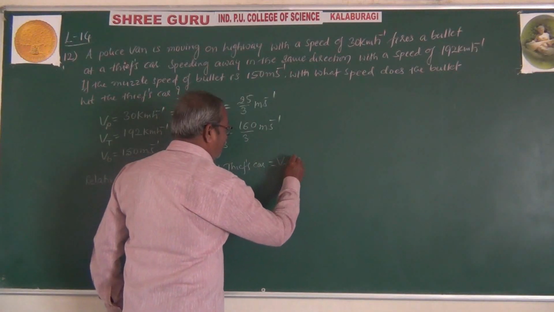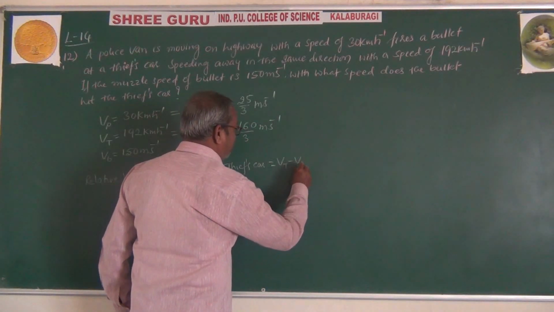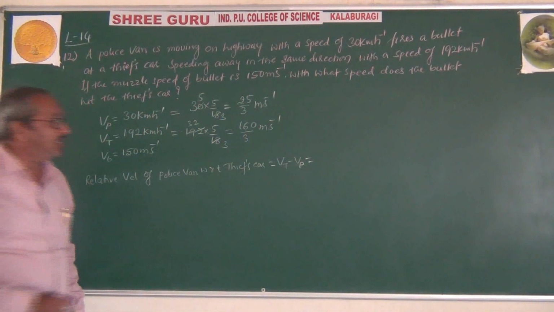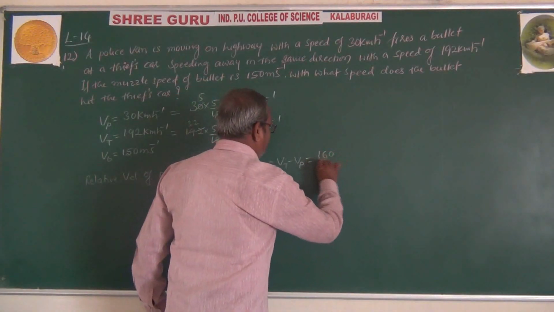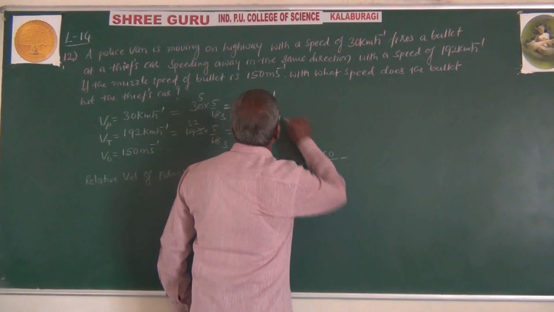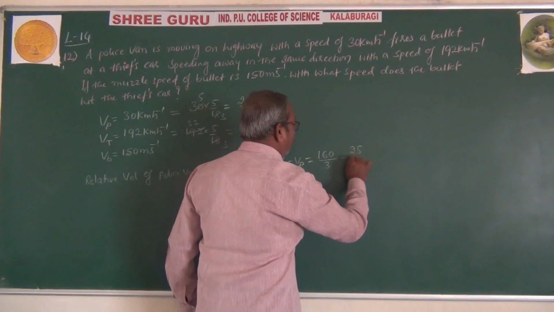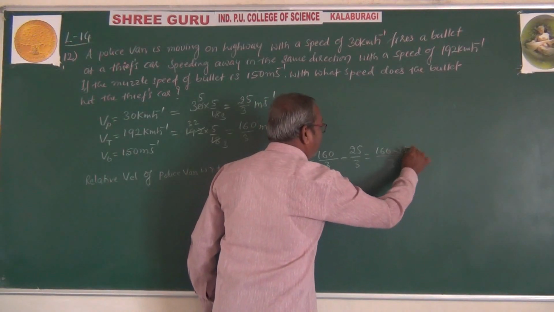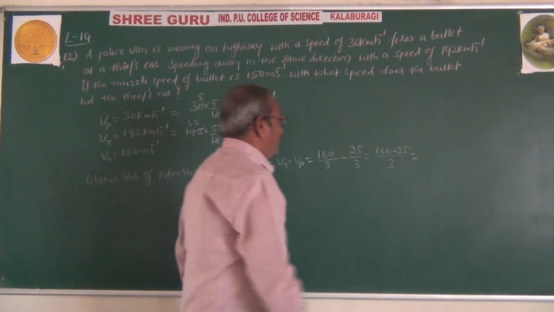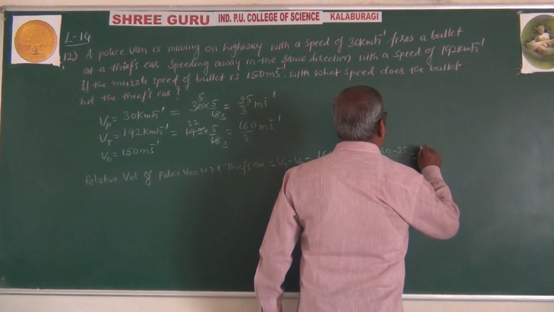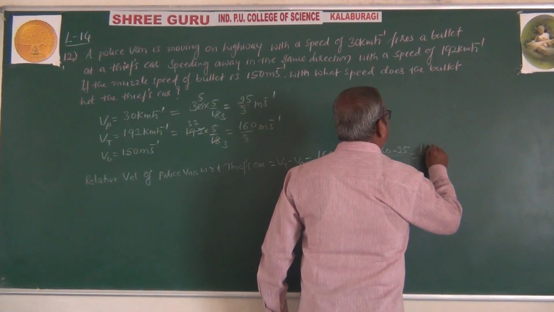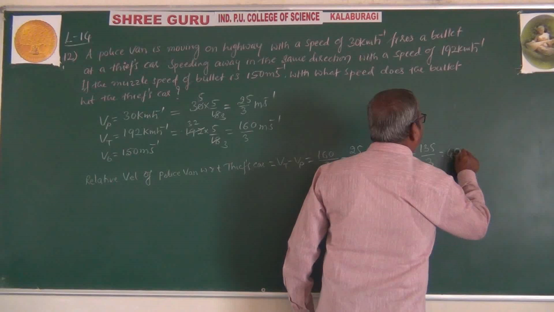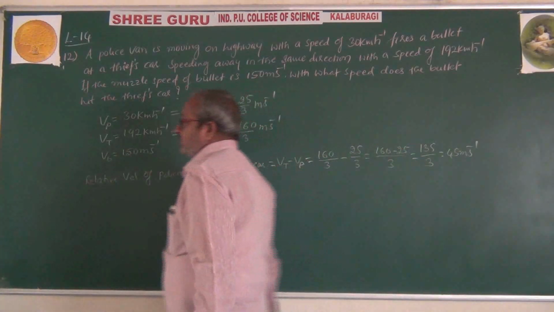Thief's car minus police van. How much will it be? 160 by 3 minus 25 by 3, with 3 as the LCM, 160 minus 25. How much are you getting? 135 divided by 3, which is 45 meters per second. This is the relative velocity.